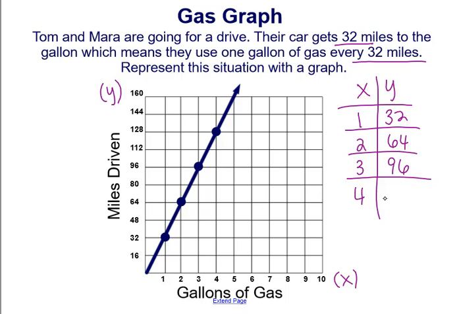And for 4 gallons, that would be 128 miles. You keep adding 32 miles for adding every 1 gallon of gas. And then that gives you 4 good ordered pairs that we can connect in a line to represent the situation. So here is the graph of that situation about the gas.